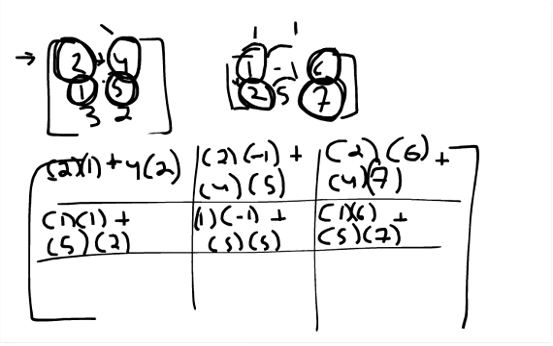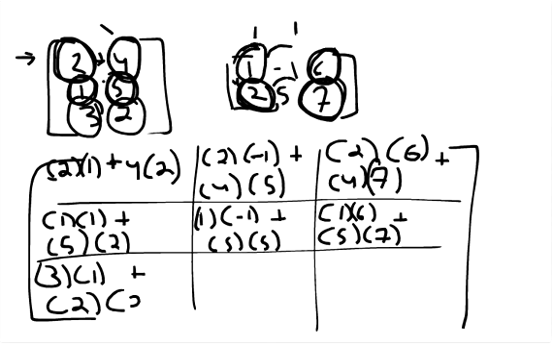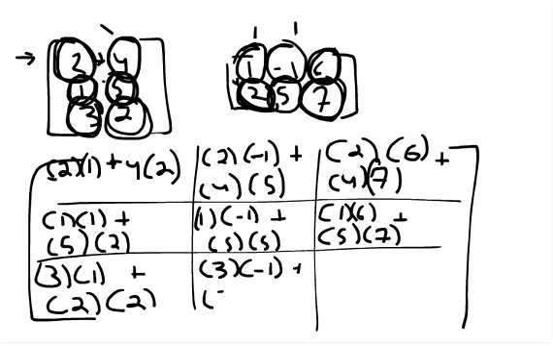Now finally we're going to get to the last row here. So we're going to do 3 times 1 plus 2 times 2. Then we're going to do 3 times negative 1 plus 2 times 5.